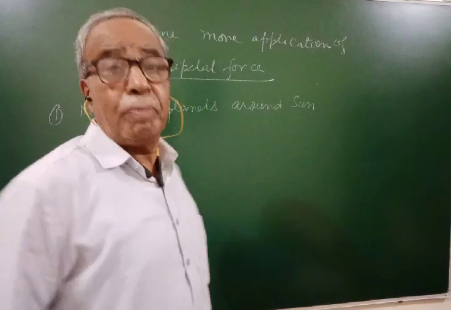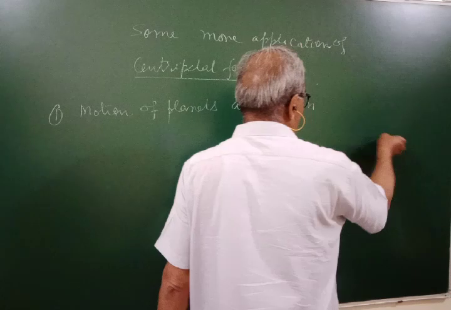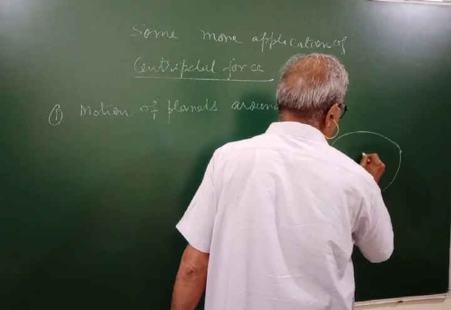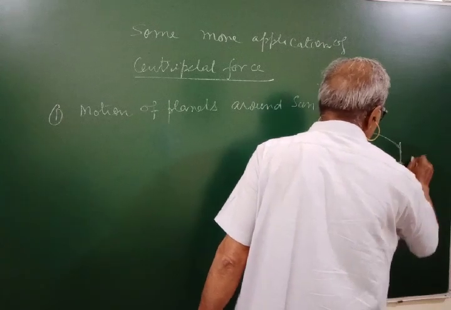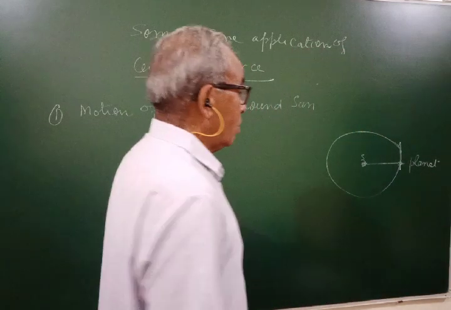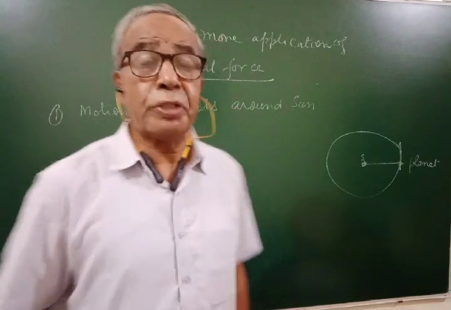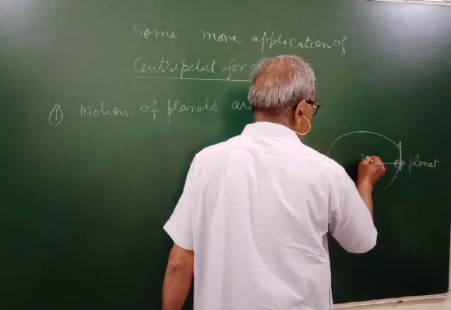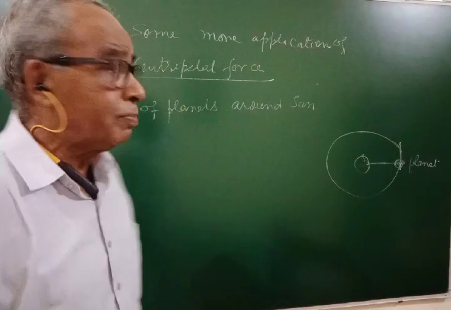You know, every planet moves around the sun nearly in a circular path according to Newton. So, if the sun is here and a planet here, this planet requires centripetal force. So who will provide centripetal force to this planet or any planet?